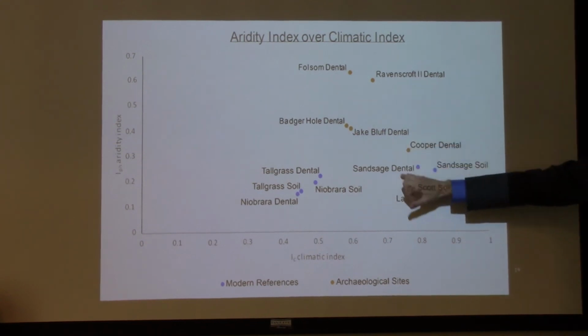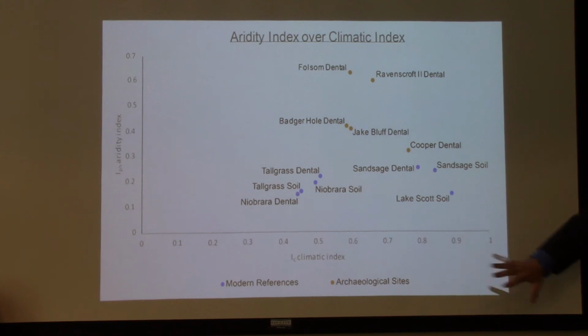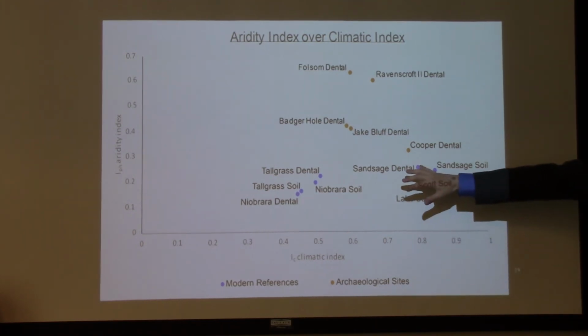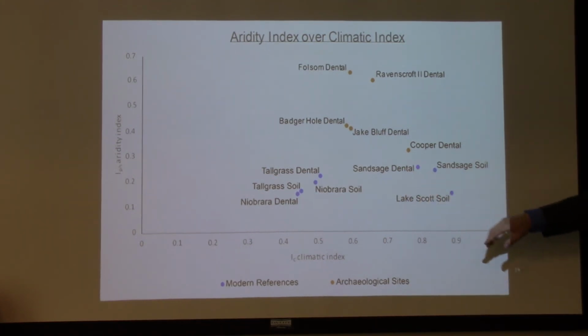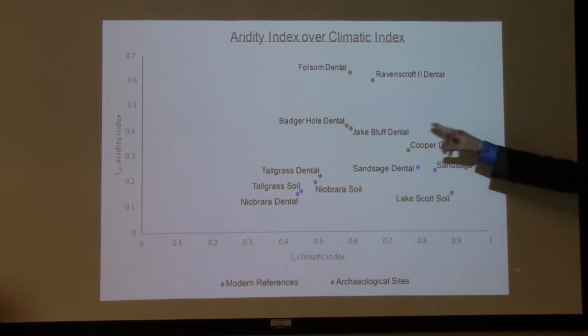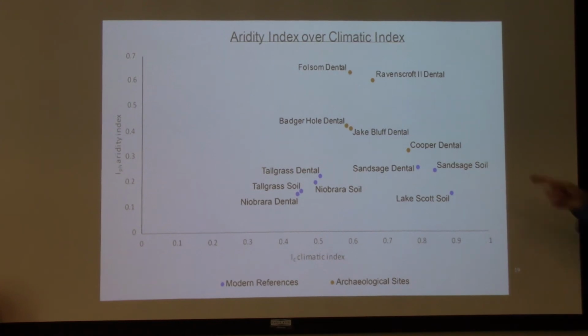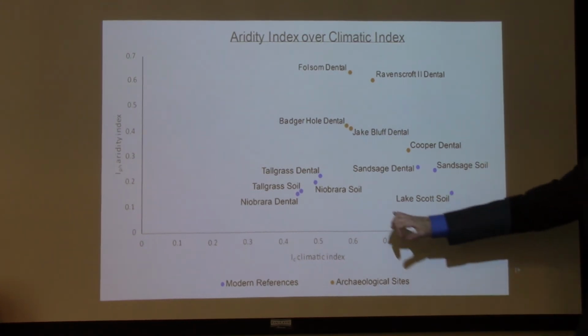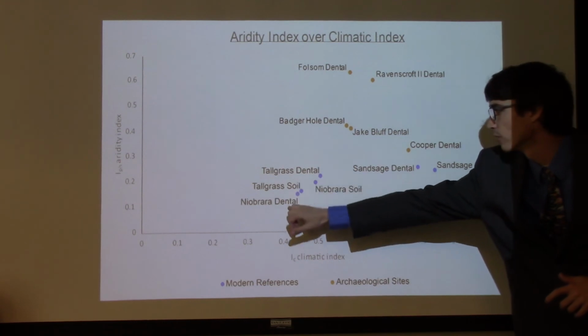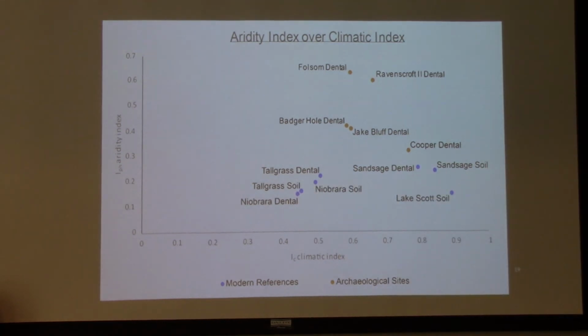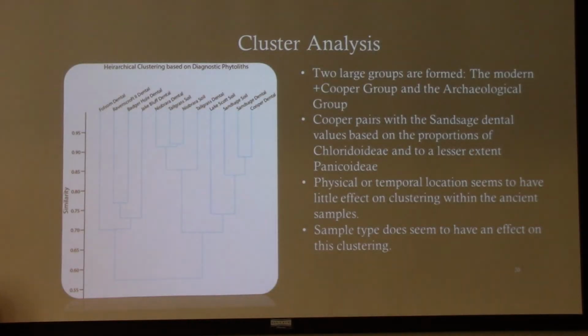We have the Cooper, which is going to pair pretty closely throughout this research with the sand-sage dental samples, as well as the sand-sage soil and the Lake Scott soil in the second group on that second vertex of the triangle formed. And then you have the other two modern sites, Tallgrass Dental and the Niobrara soils. They're over there on that third vertex. I think I went one too far. Here we go. All right.